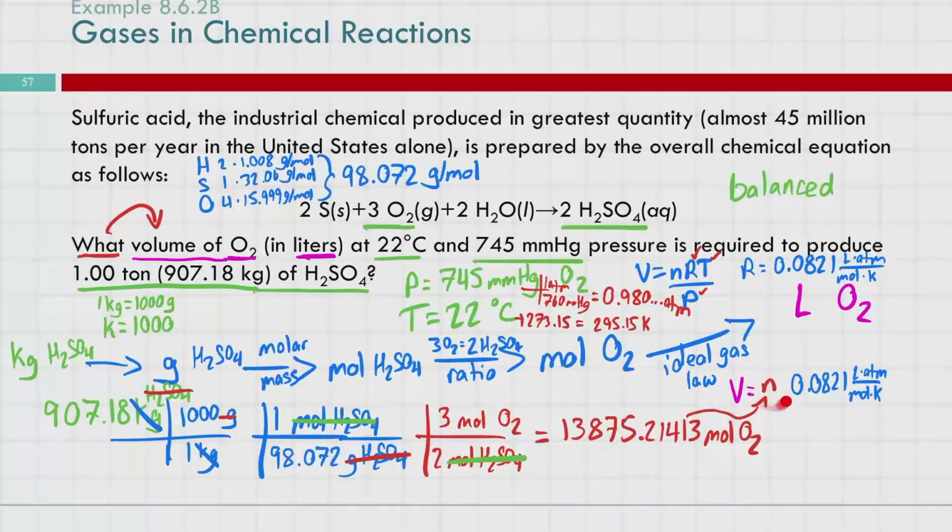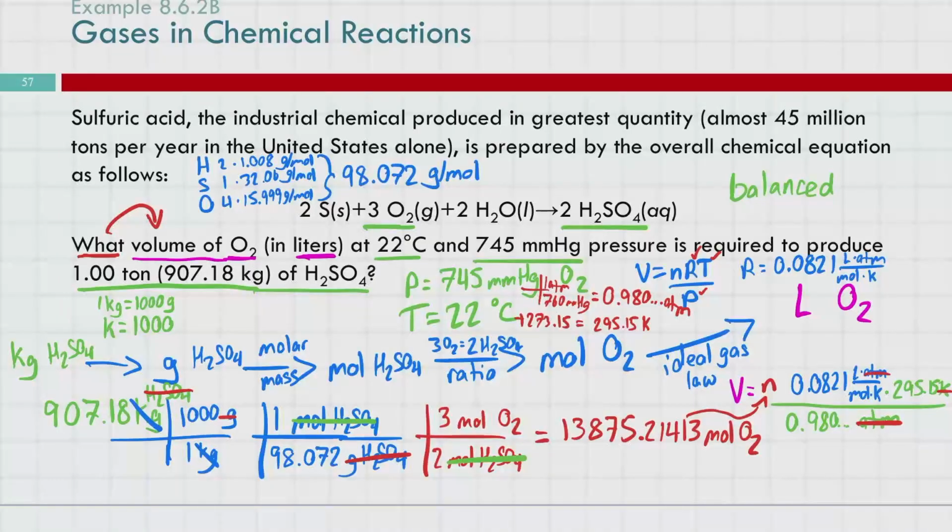So we've got n, R, we need T, 295.15 Kelvin, and then on the bottom, our pressure, 0.980, and all the other stuff that comes after it, atmospheres.